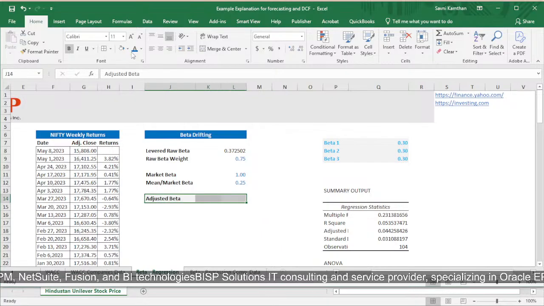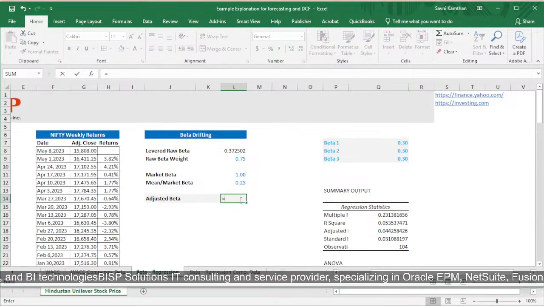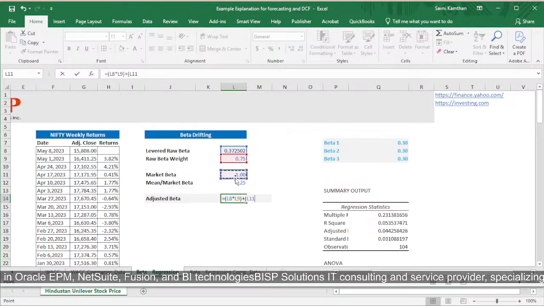Now if we want to calculate our adjusted beta, we will be doing the calculation as we saw in our PPT also, that we will be taking our levered beta, which will be into raw beta weight, then closing bracket, then plus, then we will be taking market beta into our market weight, and done.